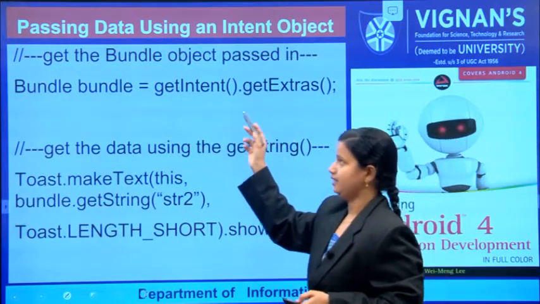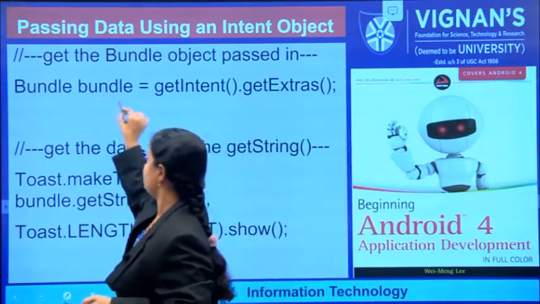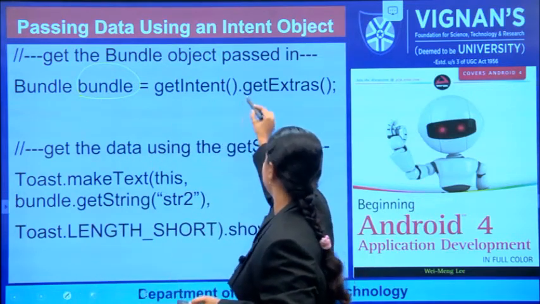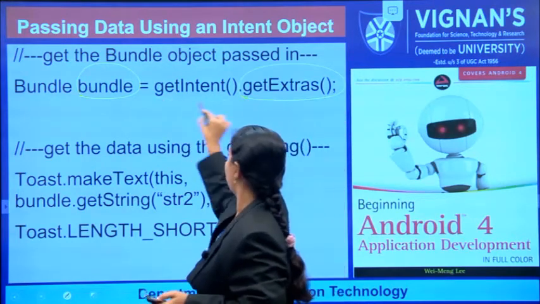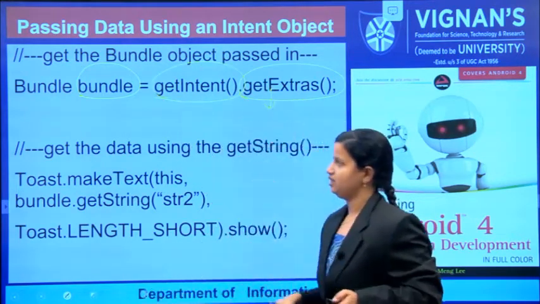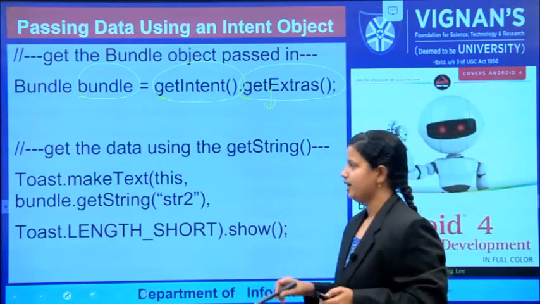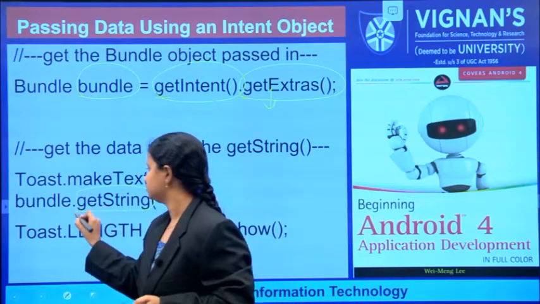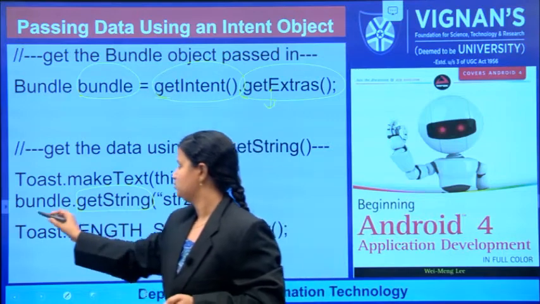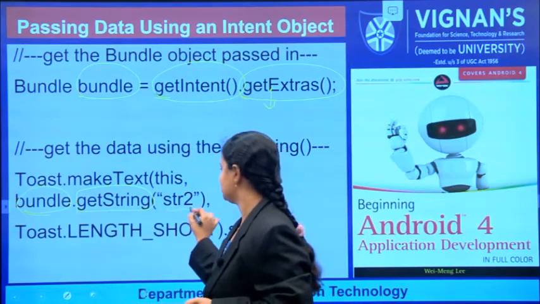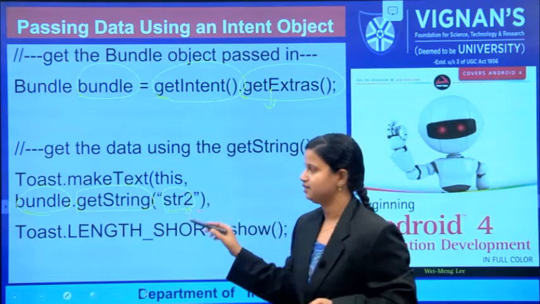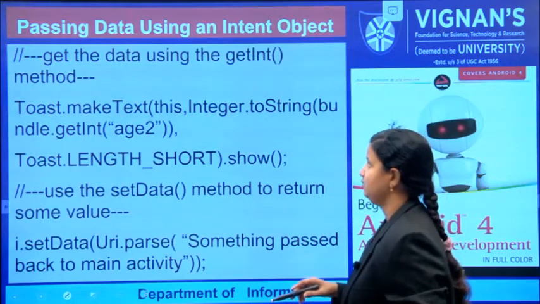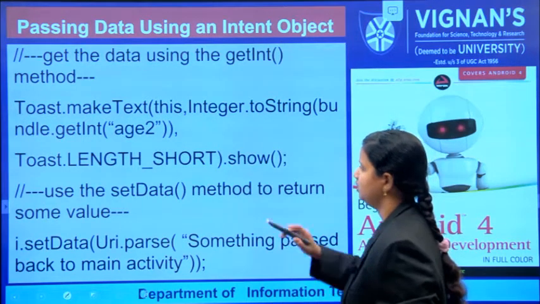First of all we have to create one object for the bundle, and that bundle stores getIntent().getExtras, whatever information has been stored. The next thing is we call a method getString to get the string values, so bundle.getString. Whatever string information is to be presented is stored and displayed.